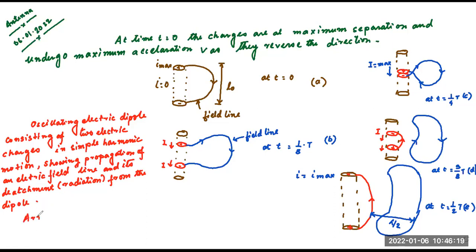So the arrows next to the dipole indicate the current direction.